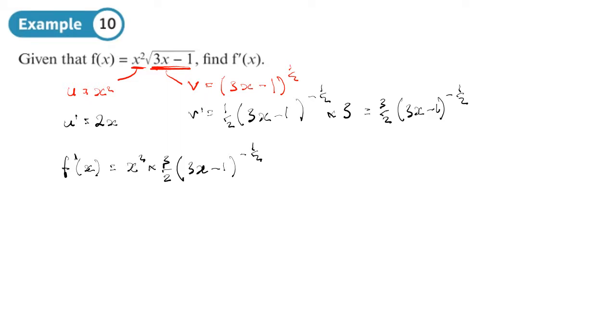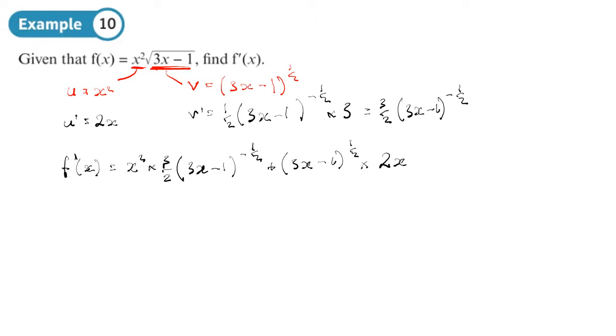And we now want the v and the u dash. So 3x minus 1 to the half times 2x. Now we can leave our answer like that. There's nothing in the question that suggests you need to simplify it or do anything further. That is absolutely fine as a final answer, unless the question said leave it in a particular form.